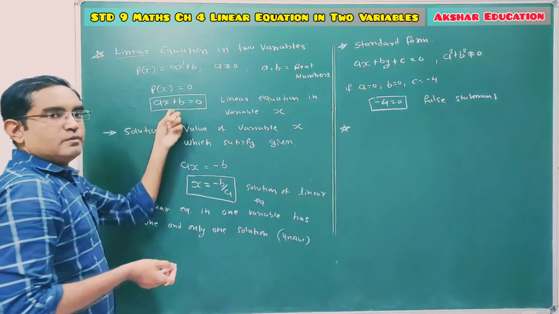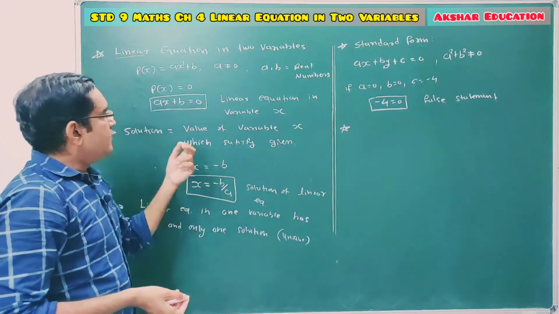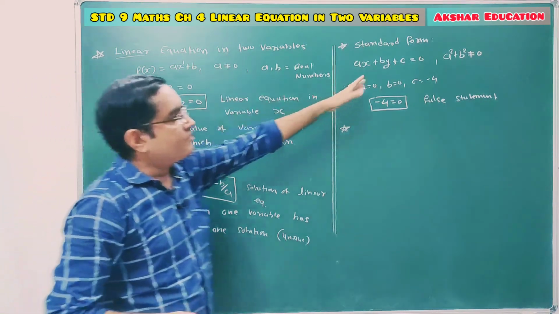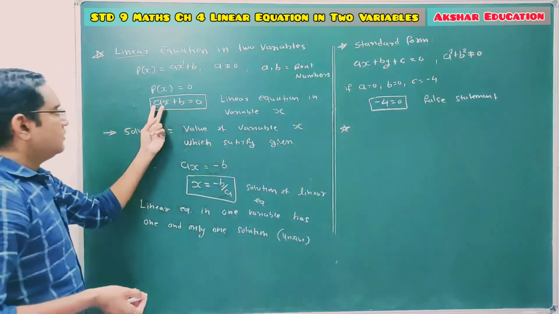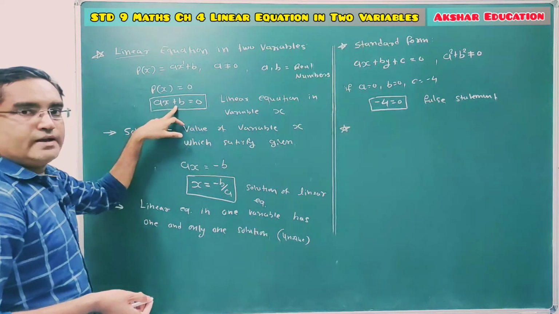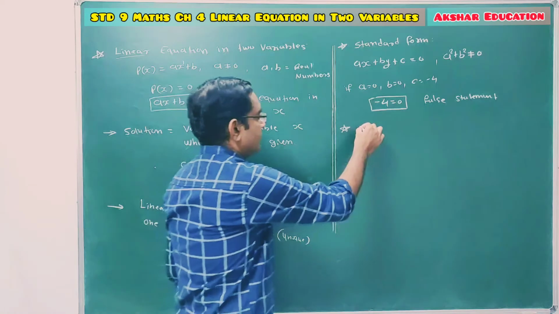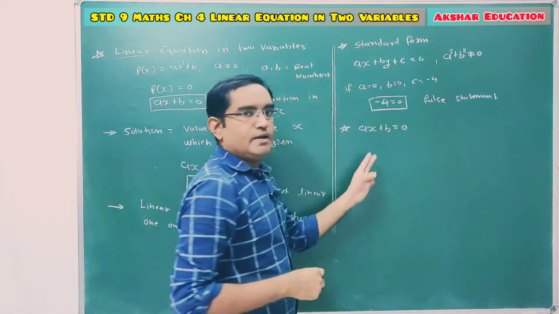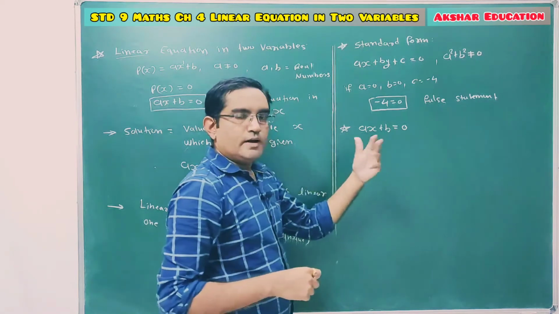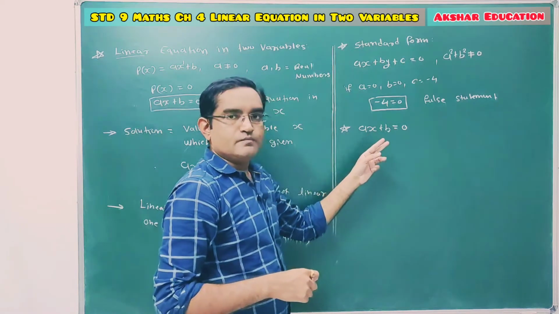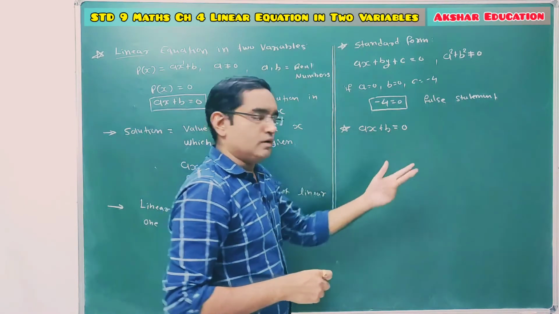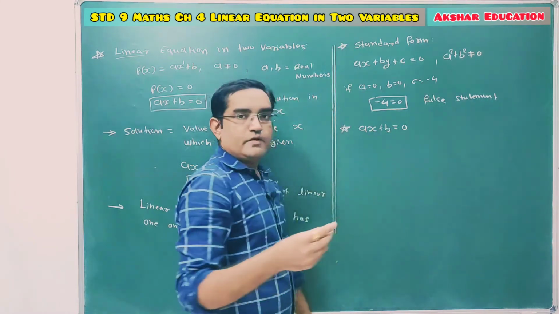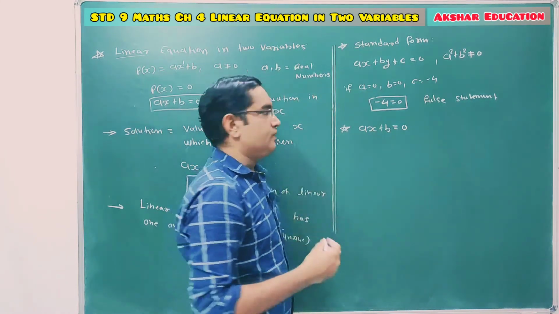So this linear equation in one variable can also be written in the form of a linear equation in two variables. Here variable y is absent, so we can say that the coefficient of variable y is 0. Suppose this is ax plus b equal to 0, a linear equation in one variable. If you want to write it as a linear equation in two variables, you have to represent variable y with coefficient 0.